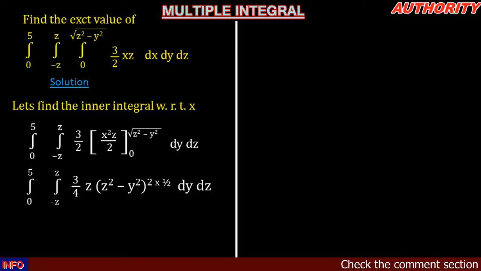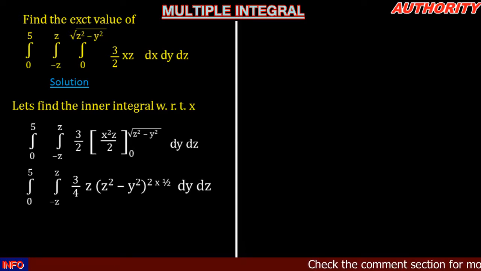This 1 all over 2 is the square root, and then the 2 is for x squared. Then we have dy dz. When you say 2 times 1 all over 2, that is the exponent. It's going to give you 2 all over 2, and 2 all over 2 is the same as 1.